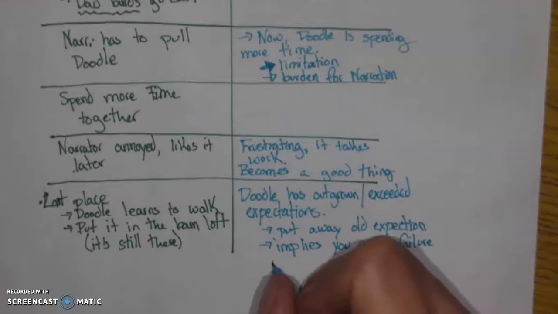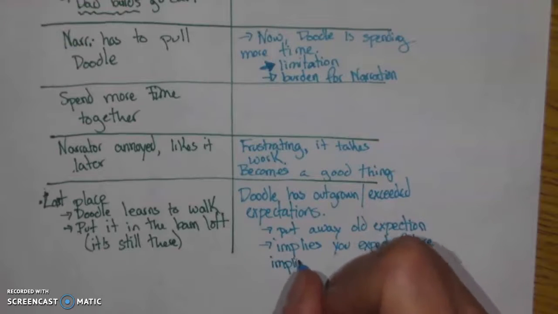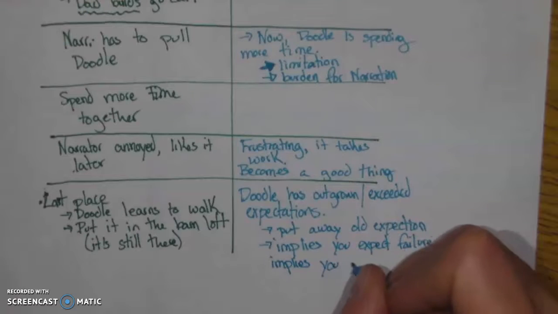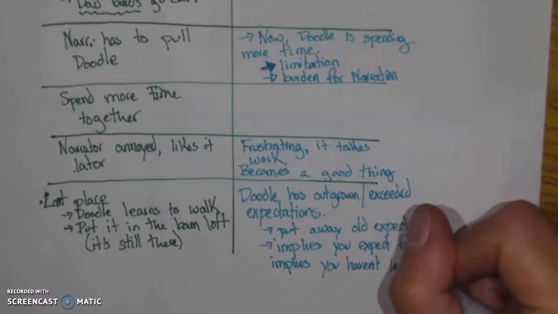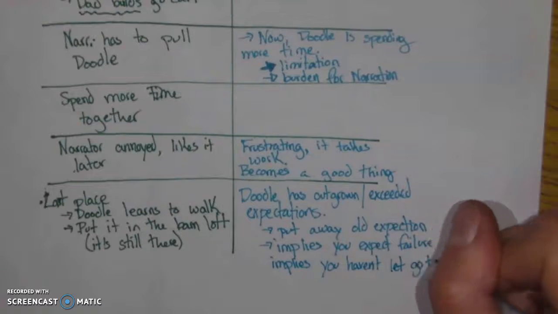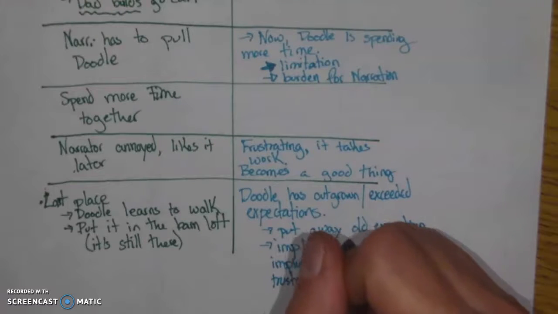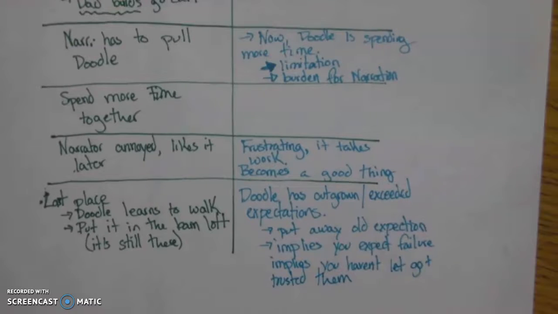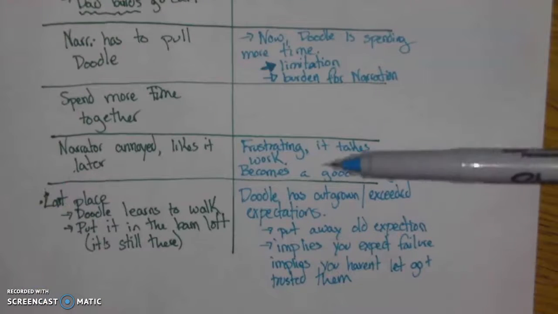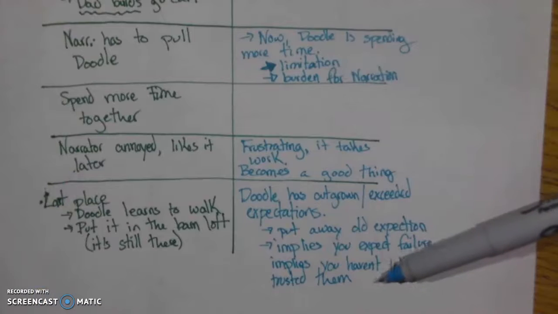It implies that you haven't really let go. You haven't let go and trusted them. And that's a pretty sad thing in this story, that they held on to it. And it's sad, but it's only sad in that one little line. And so that's where symbols can get really, really deep if you give them a chance to grow.